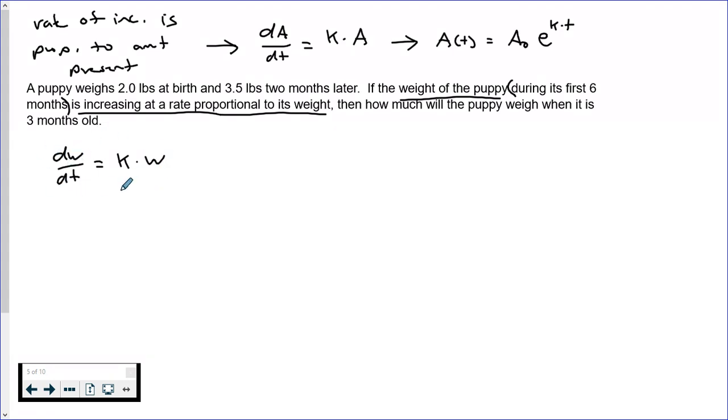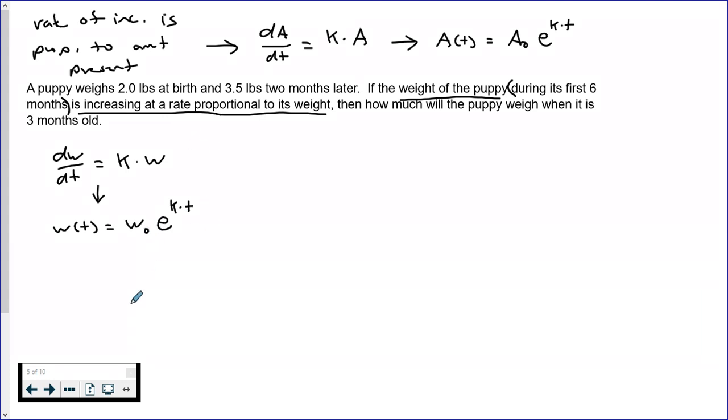For this specific differential equation, when you recognize it's the one for exponential growth, you know the general solution is going to look something like this: W of t equals W naught, the initial weight, times e to the kt. This is the differential equation, and this is the general solution.